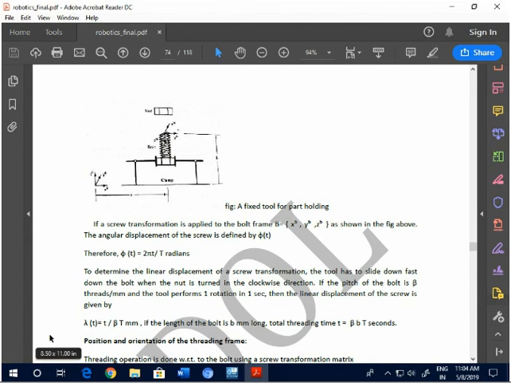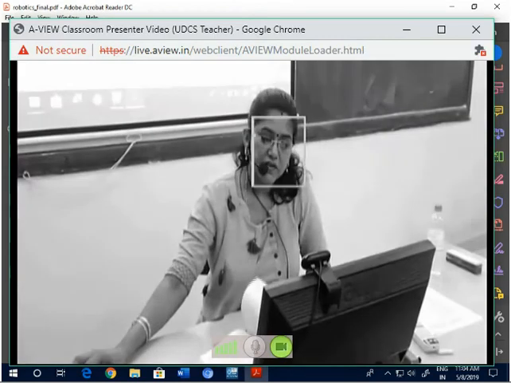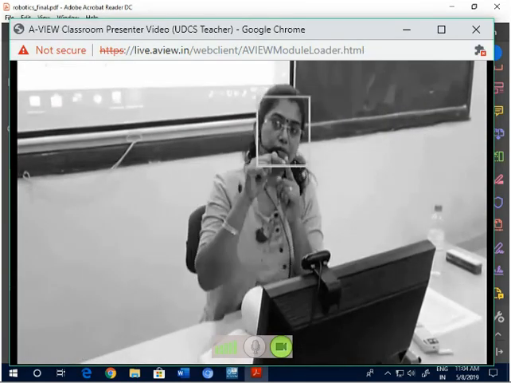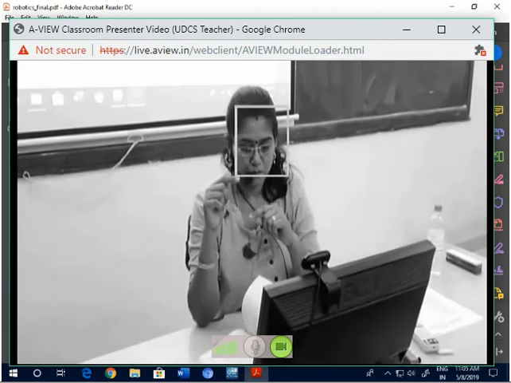If the pitch of the bolt is beta mm per thread and it performs one rotation in 1 second, the linear displacement will be given by lambda t equal to t by beta t mm. If the length of the bolt is b mm long, how much will the threading take? T is equal to beta b t seconds.